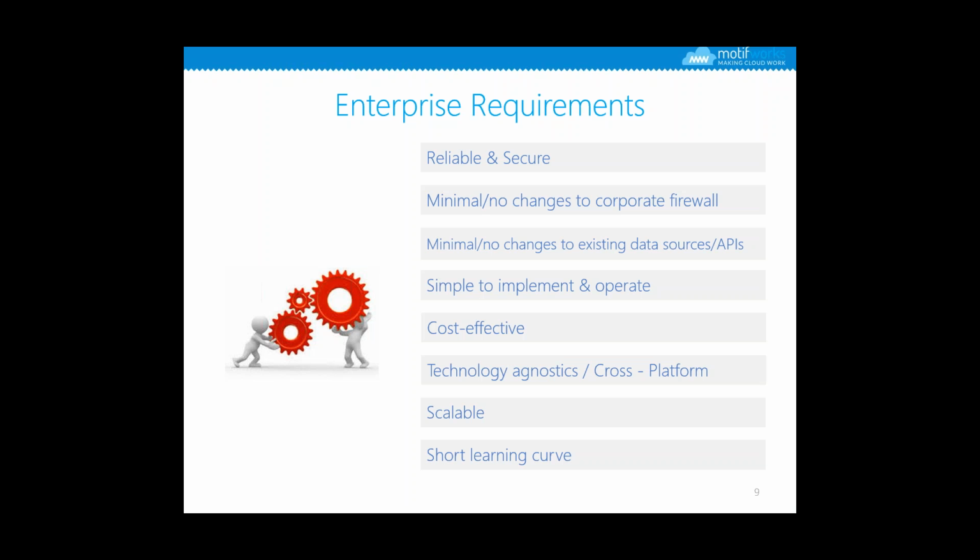They would like to leverage multiple programming platforms, whether it is .NET, Java, PHP, or Node.js, and these technology platforms keep on evolving. New technology platforms keep on emerging, so they don't want any kind of technology lock-in. At the same time, the solution should be scalable, and there should be a short learning curve along with it.